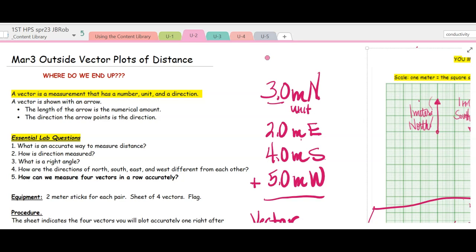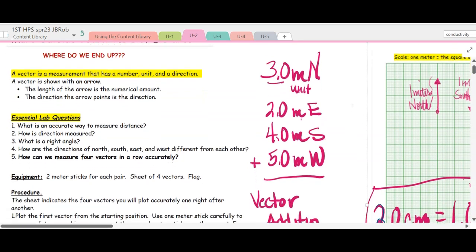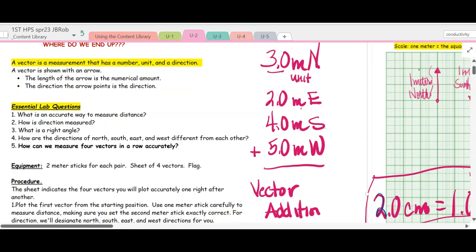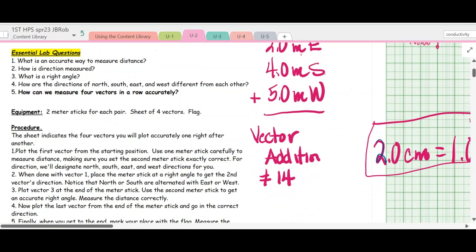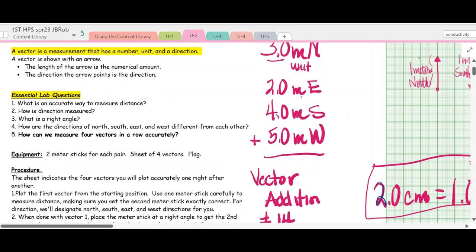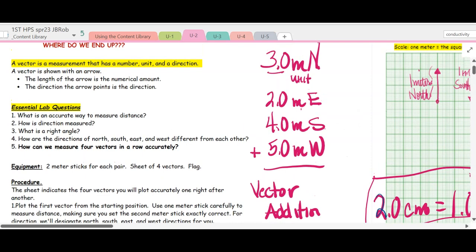They just look different. But when you add these up, you should get a vector sum, vector addition, because see how they're going north, south, east, and west? So the vector addition is not going to be 14. 3 plus 2 is 5, 9, 14.